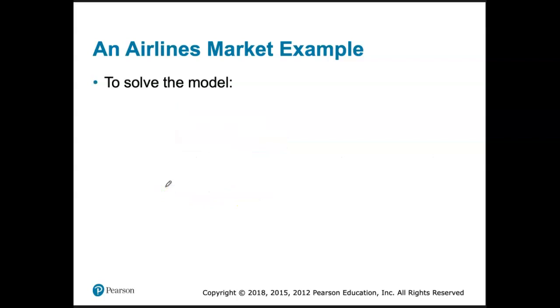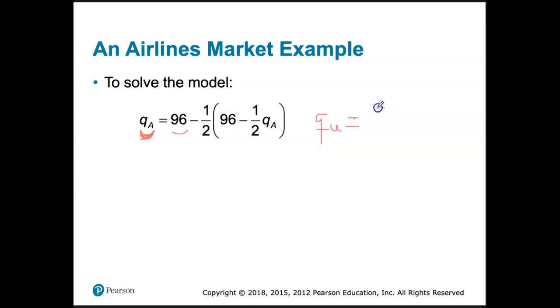So then to solve the model, we're going to have QA, which is the quantity for American Airlines, the number of passengers flown, equals 96 minus half times QU. But remember, QU also equals 96 minus 1 over 2 QA, because it's identical.